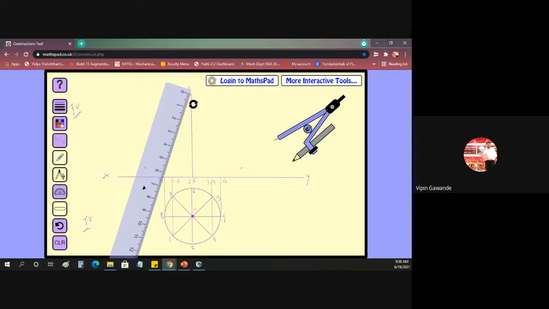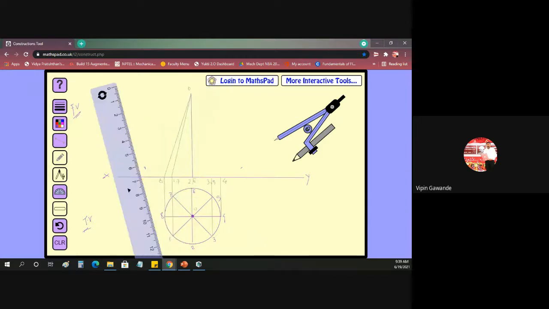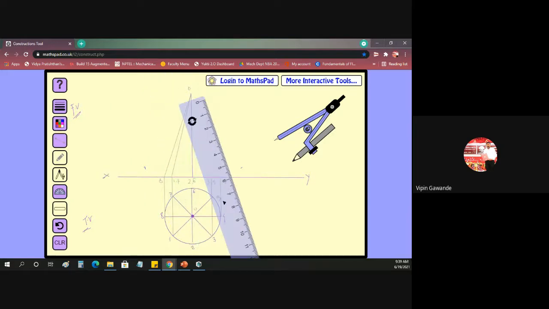Now you join the apex with the base points. Then you have to draw the second line, and then draw on the other side, on this side also.